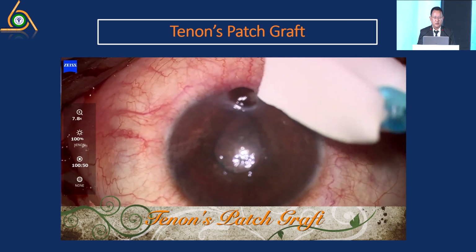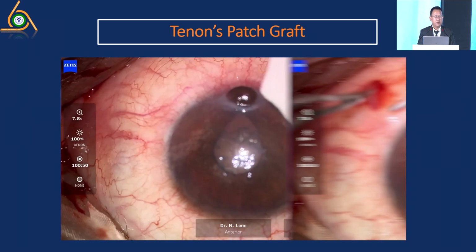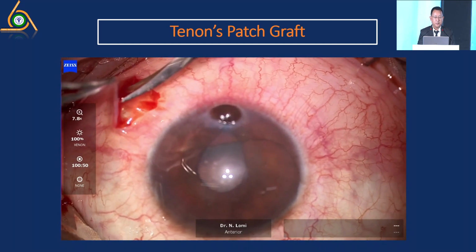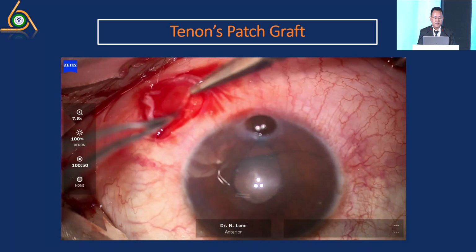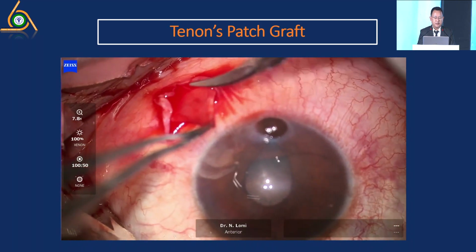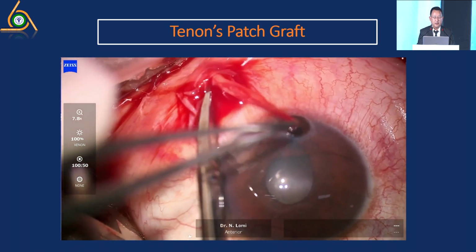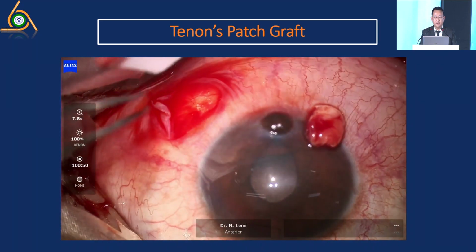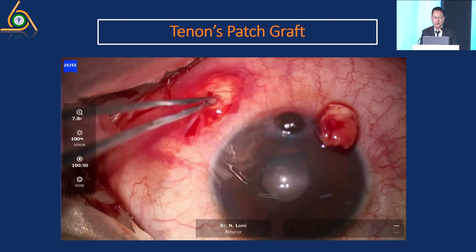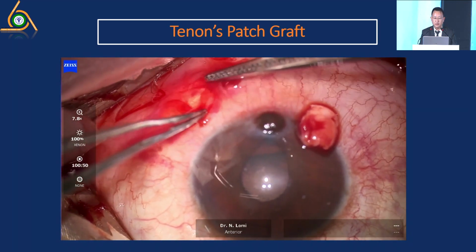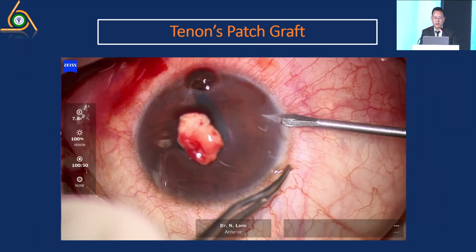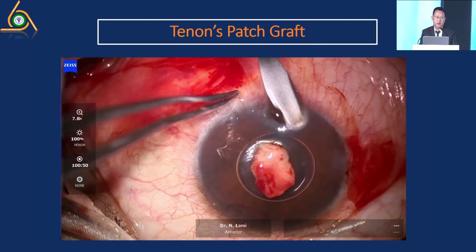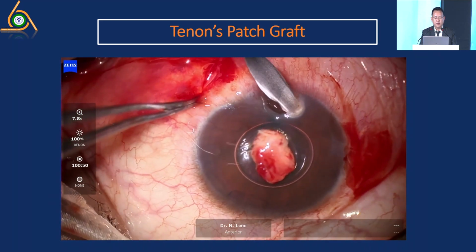First of all, the recipient bed is cleaned, and you need to harvest the Tenon's. The Tenon's is dissected and excised, larger than the perforation, followed by paracentesis, and then creating a corneal stromal pocket.